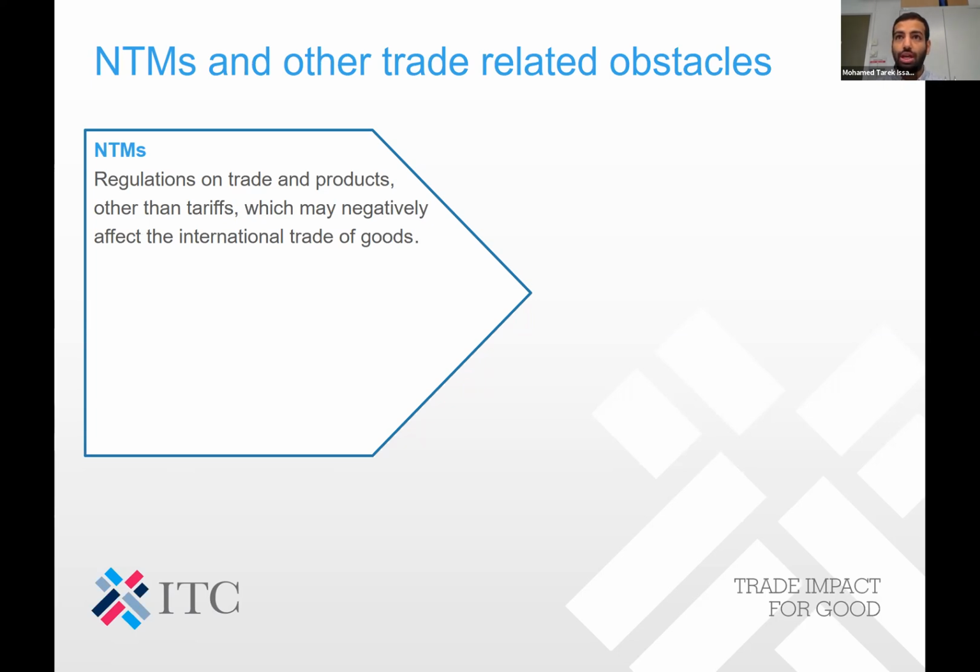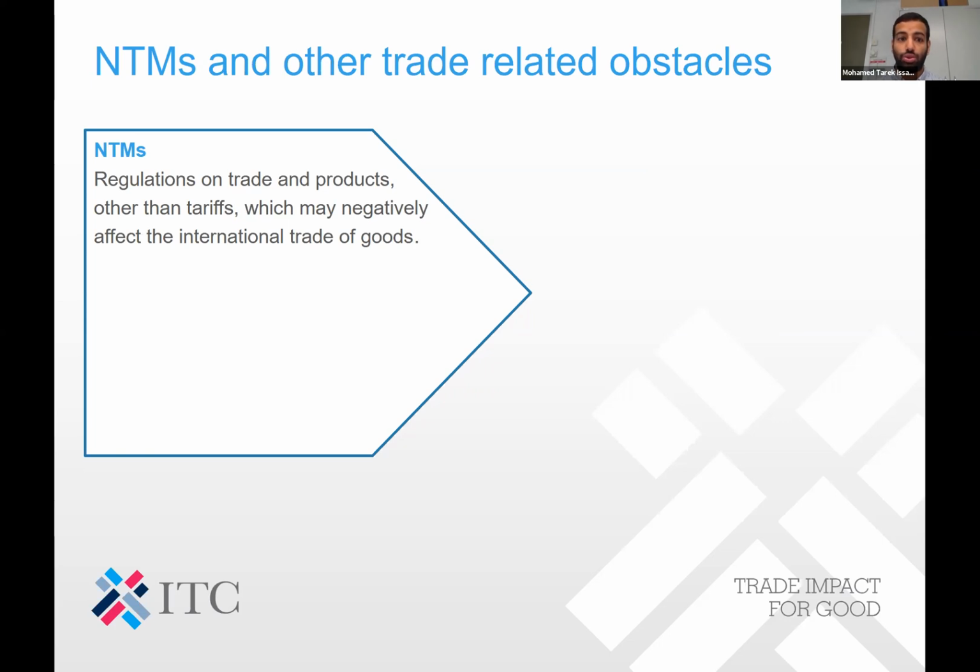If we have a measure on the maximum limit of residues, it's a very legitimate objective. And if you think also about rules of origin, the idea is to get a better rate, a preferential rate. So we want to increase exports and we want to increase international trade.